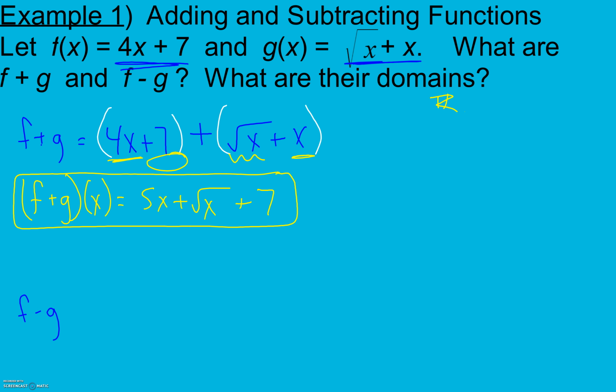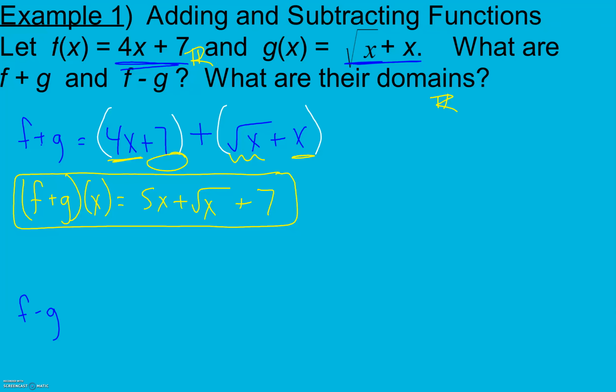So if we look at f(x), 4x + 7, are there any numbers we can't plug in there? No, we can plug in anything we want to. We can plug in negative numbers, positive numbers, 0, fractions, decimals, irrational numbers, anything. In g(x), is there anything we can't plug in?